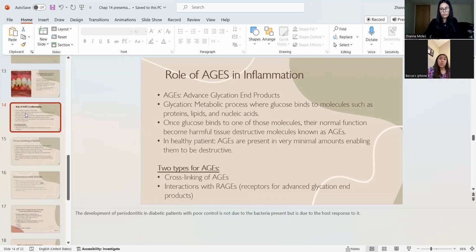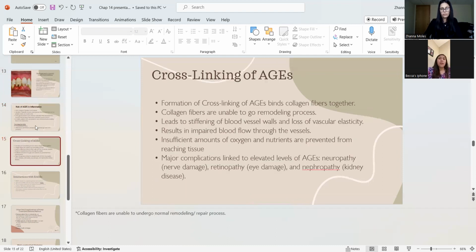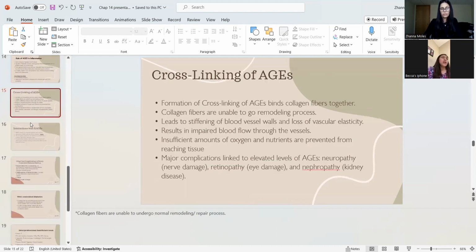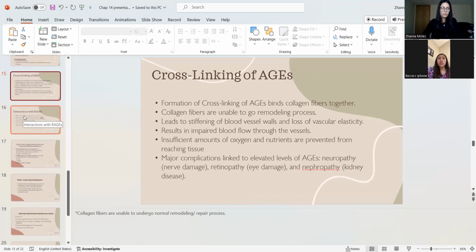So there are going to be 2 types of AGE effects. The first one is cross-linking of AGEs, and the second one is interaction with RAGEs. RAGEs are receptors for advanced glycation end products. So cross-linking of AGEs is when the cross-links bind to collagen fibers, which are our repair and remodeling fibers for our tissue.